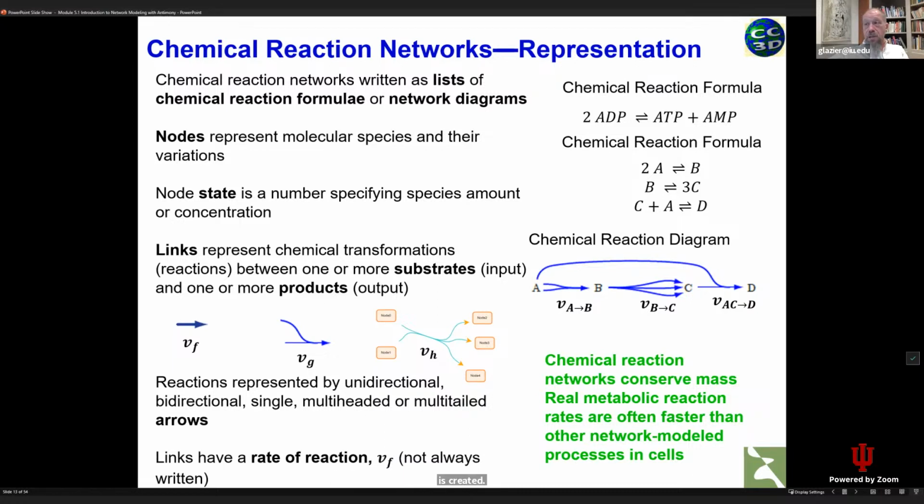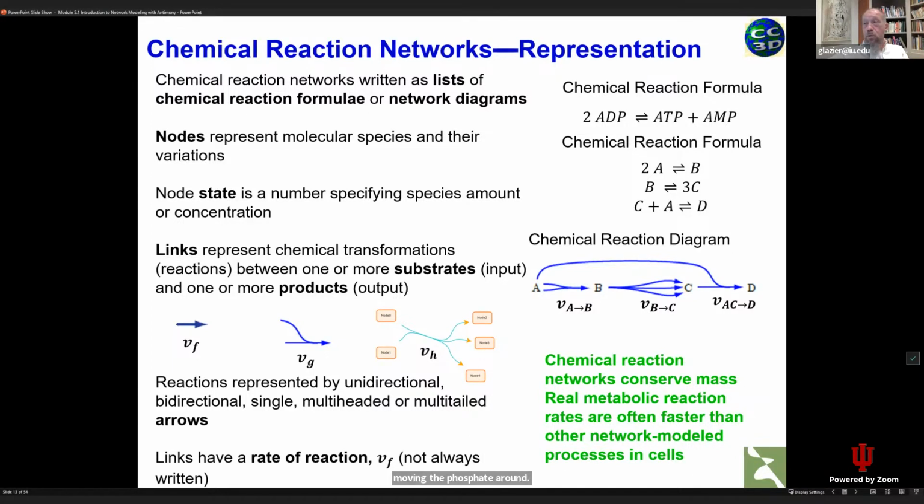And you'll see double-headed arrows for bidirectional reactions. For example, 2 ADP goes to one molecule of ATP and one molecule AMP. That makes sense if you think that the ADP is adenosine diphosphate, ATP is adenosine triphosphate, and AMP is adenosine monophosphate. And so the number of phosphates is conserved. It's moving the phosphate around.